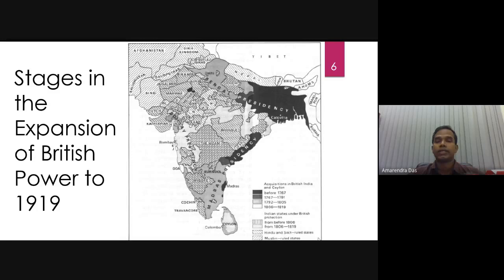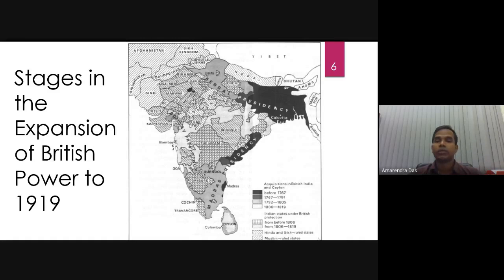The deep dark color shows the areas the British ruled before 1766, 1767, then a faded dark for 1767 to 1791, then further faded for 1792 to 1805, and then purely white for 1806 to 1819.